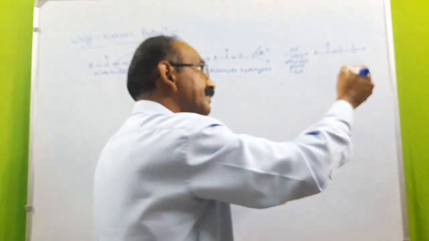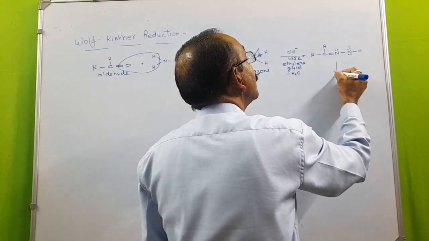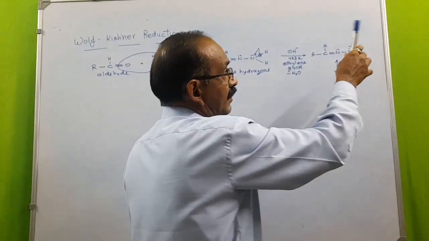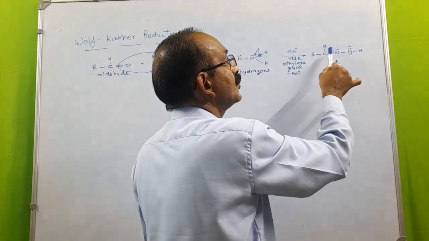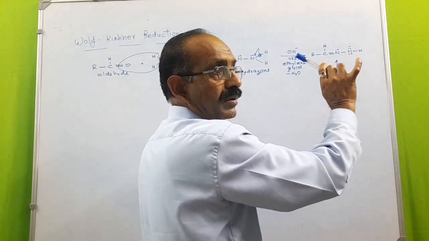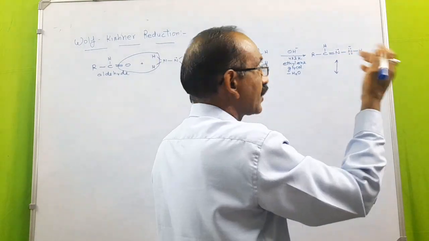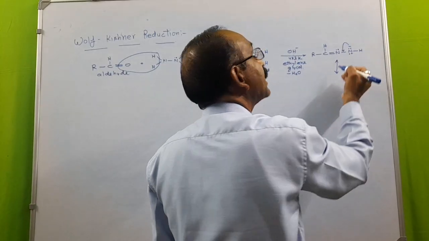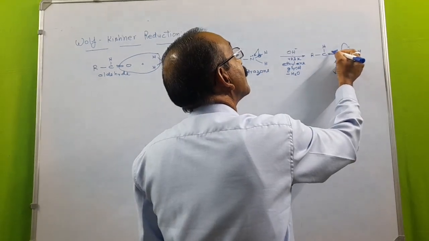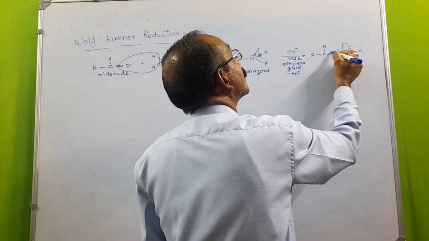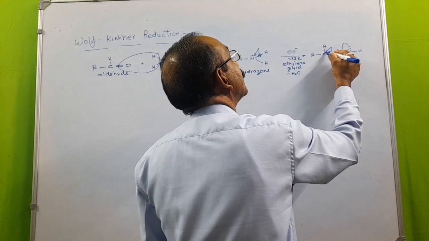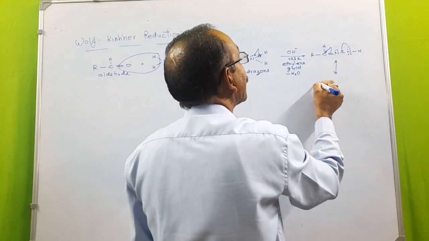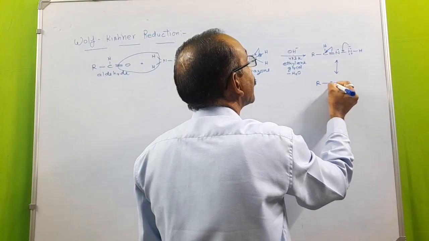Now see here. The lone pair of the nitrogen is in conjugation with the double bond, and therefore resonance will occur. These extra electrons will shift in between the two nitrogen atoms, and these electrons of the pi bond will shift over the carbon. We'll get another resonating structure here.